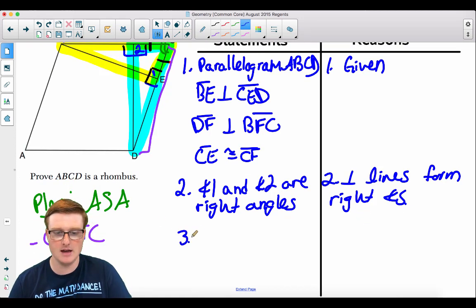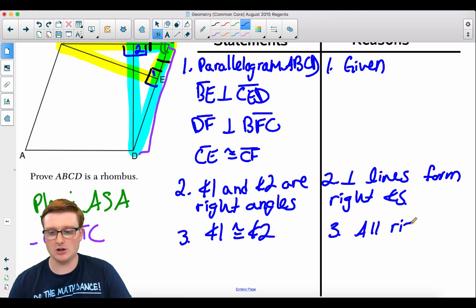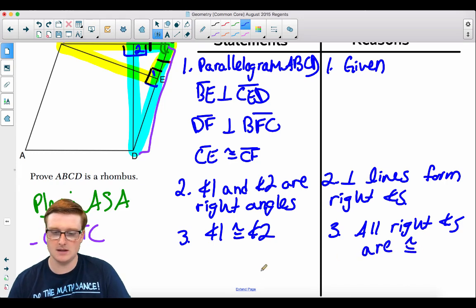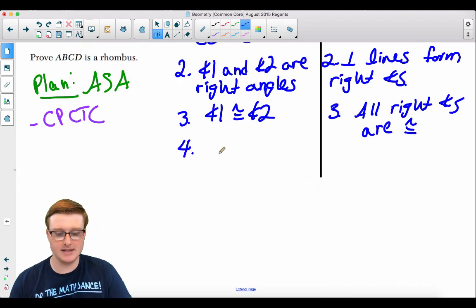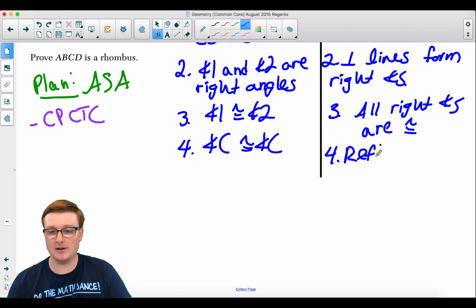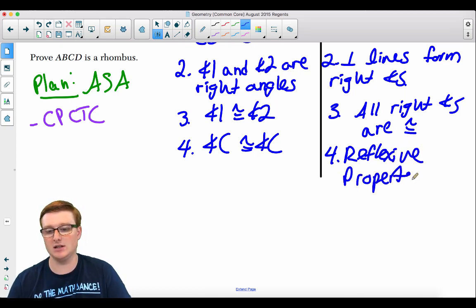Now, for number 3, you need to state that they're congruent. So angle 1 is going to be congruent to angle 2 because all right angles are congruent. Next, I'm going to say number 4, that angle C is congruent to angle C. Your reason is the reflexive property or the reflexive postulate. Either one of those is fine, doesn't really matter.